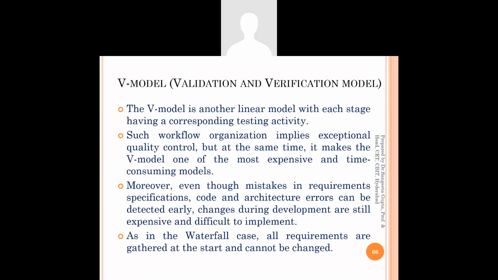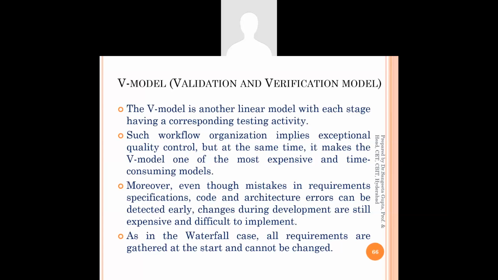Moving on with another variation of the waterfall model, that is the V model. V here represents validation and verification. This is also an example of a linear model where each stage has a corresponding testing activity. Testing is an activity carried out to uncover errors at various phases in a software engineering process.